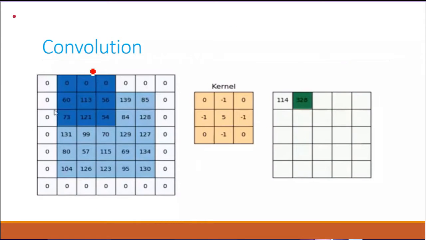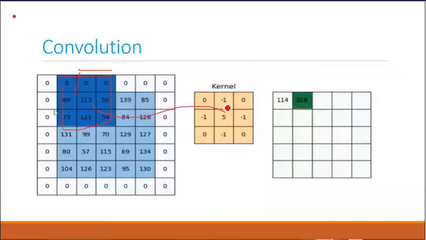In the next step, the kernel moves by 1 pixel, which we call stride. Only 1 pixel I have to move. The next nearest neighbor, moving 1 pixel, is what we call stride 1. Stride 2 means the kernel moves 2 pixels. So now for the second position I carry it out again, this 3 cross 3.